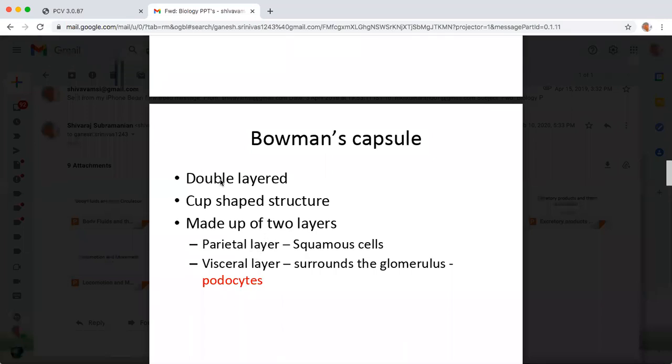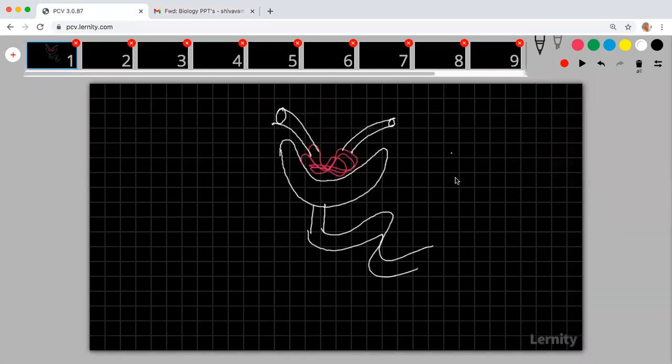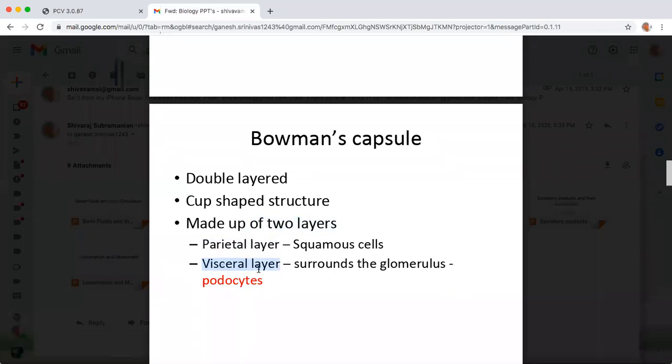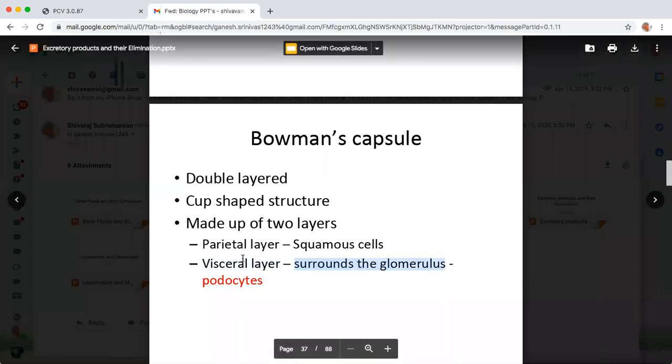So Bowman's capsule is a double layered structure. It is a cup shaped structure, and I have drawn it. You have two layers. What are the two layers? Parietal layer and visceral layer. The parietal layer is the one which is below, and the visceral layer is the one which will surround the glomerulus.